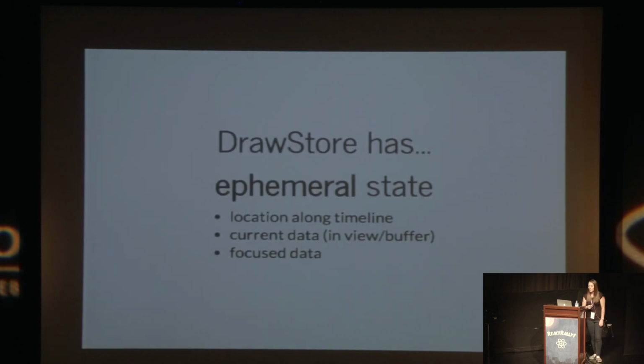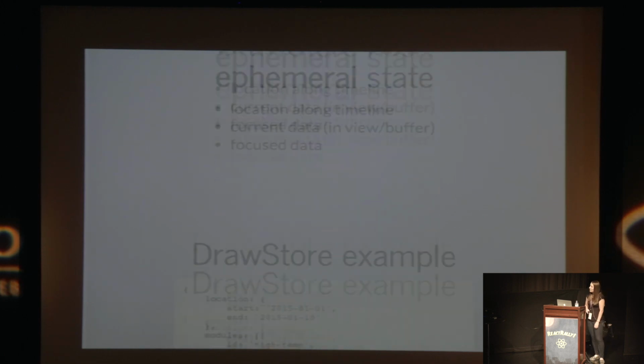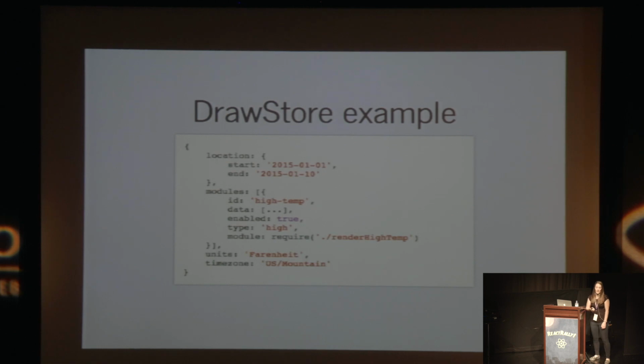And then finally, the draw store is where the information from the config store and the data store intersects. It stores the user's location along the timeline, as well as the data in view at that location, and the datum or data, if any, that the user is focusing on through interaction. And here's an example of what that might look like.